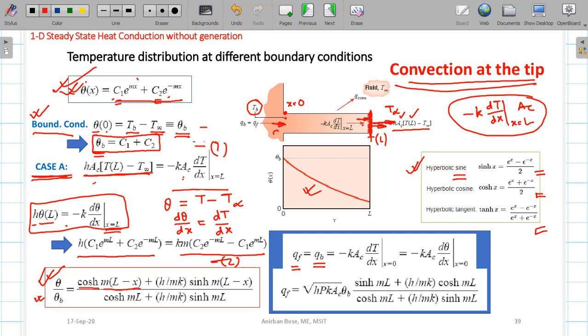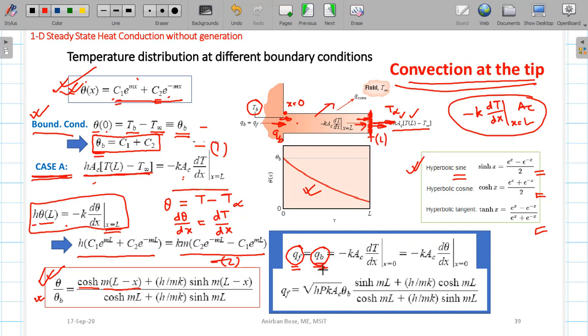QB is definitely equal to Q fin, because the heat that is transferred from the material to the fin is the total heat that will ultimately transfer through the fin.